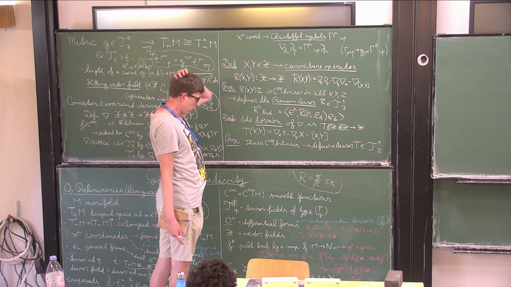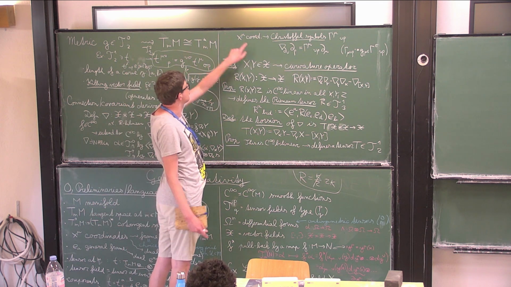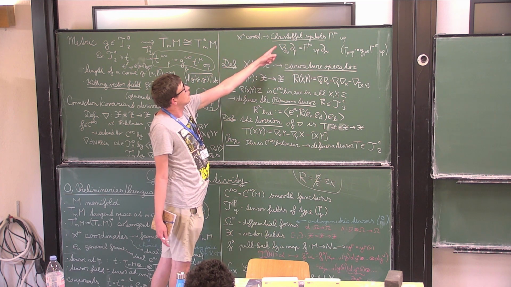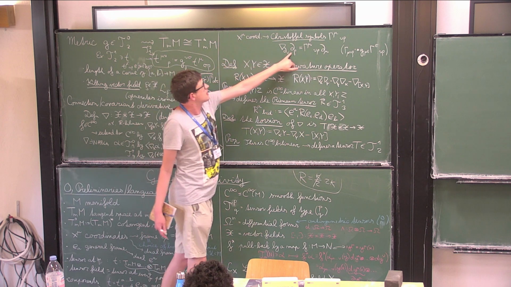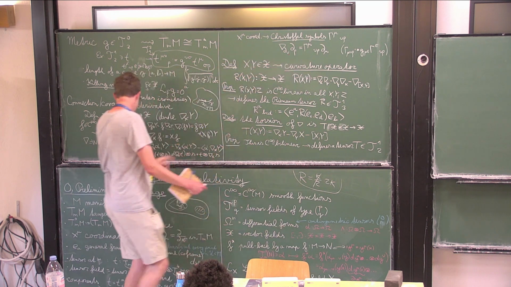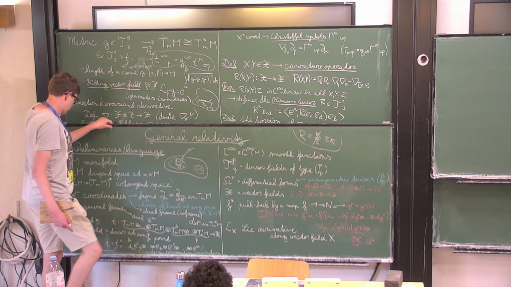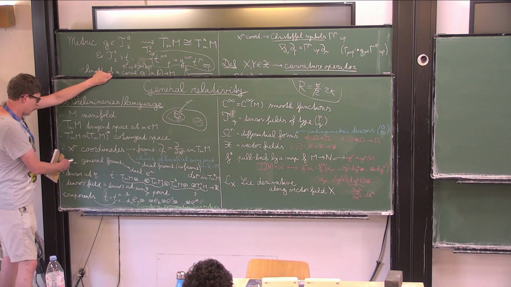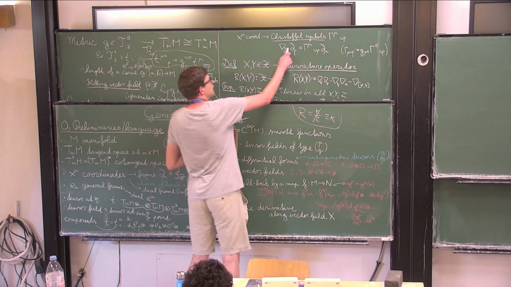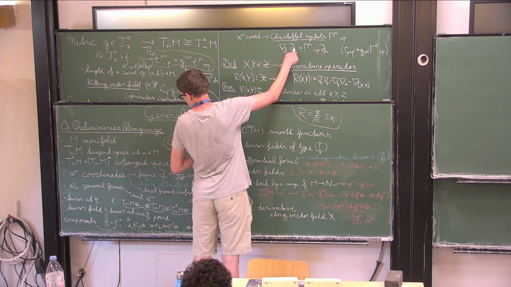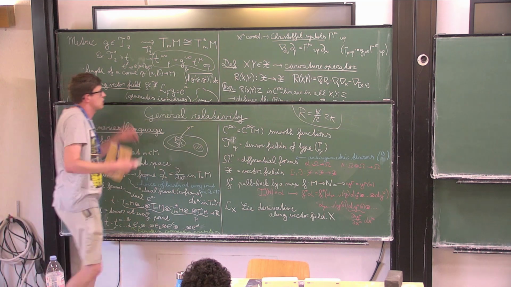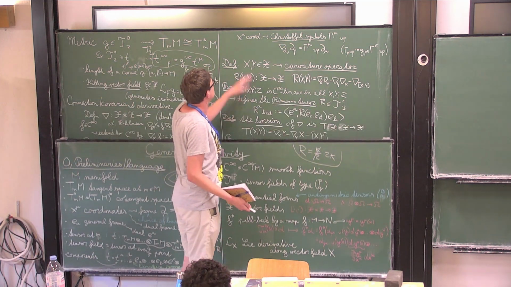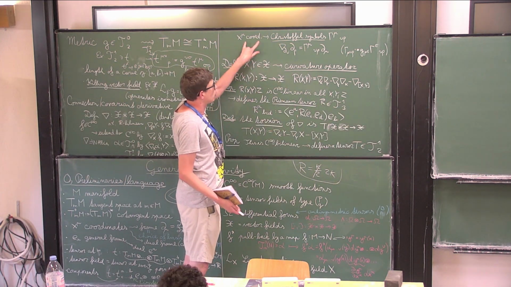I will follow Wikipedia, which says that these are defined for the case when your basis here is a coordinate basis. In principle, you could take a general frame, E alpha, EA, EB, whatever, but it doesn't really matter. Anyway, I will use the setup where there is a coordinate system.